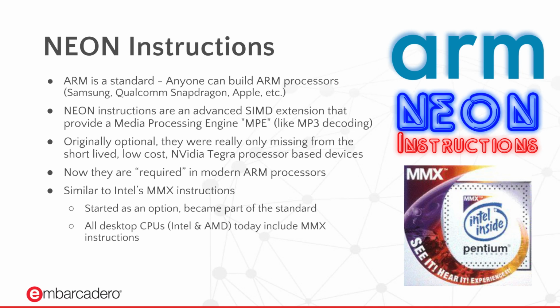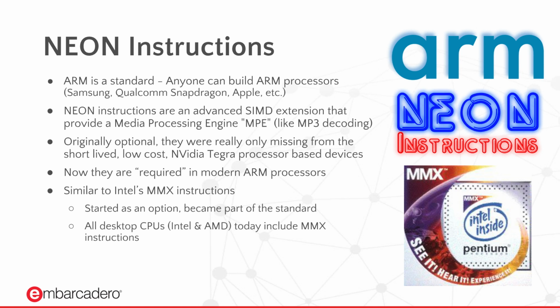Neon instructions are what's called an advanced SIMD extension. They provide a media processing engine, like MP3 decoding. What that does is allow a lower powered processor to accomplish media processing tasks, which are typically very processor intensive, more efficiently using less power. That's a great thing.